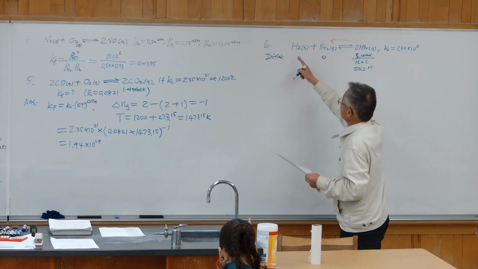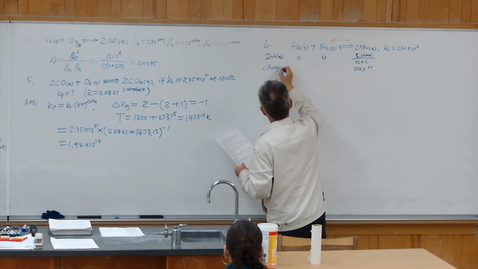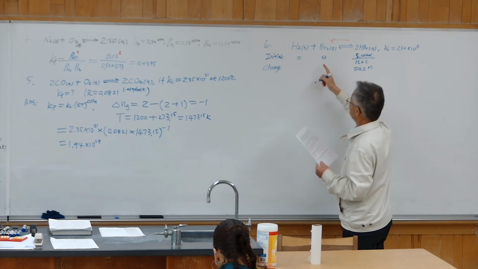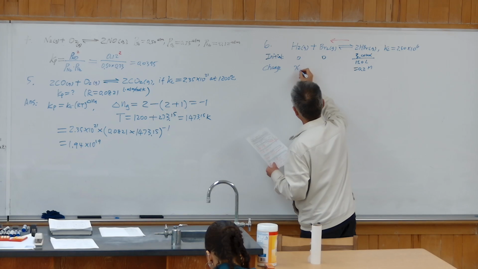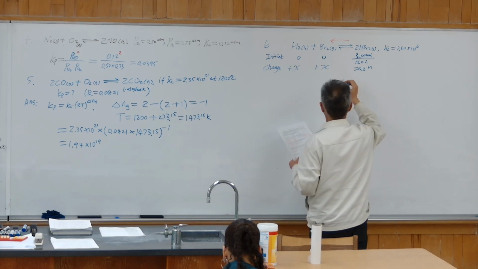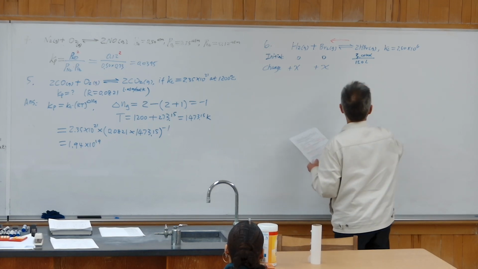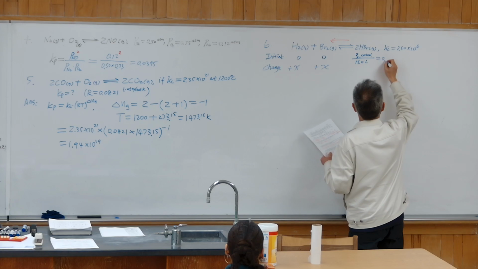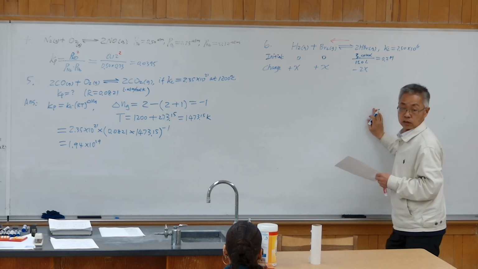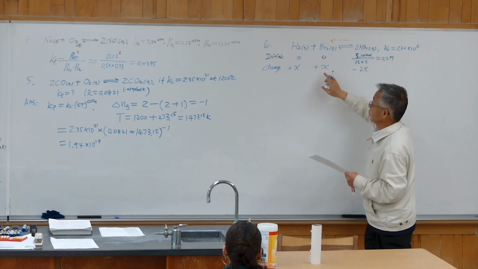So let's design this reaction as X. So it produces X hydrogen and X bromine, and you need to decompose 2X of HBr. Let me write here. First, here HBr is negative and H2 and Br2 are both positive.